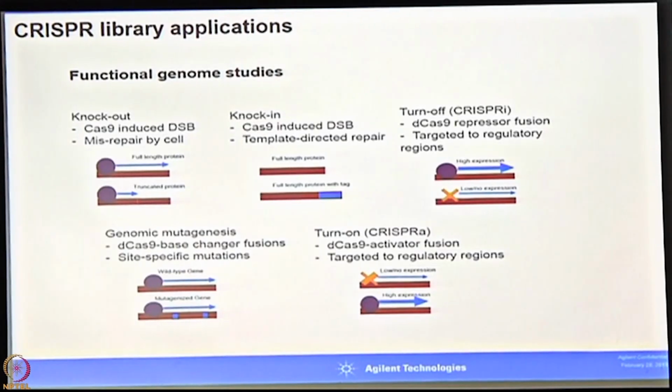This allows you site-specific changes with Cas9, and if some genes are lowly expressed in a disease, you can induce the expression to a higher level, right? So you can do multiple functions with Cas9. You can induce the gene, you can repress the gene expression, or you can do site-specific changes in the gene, right? That allows you 5 different possibilities.